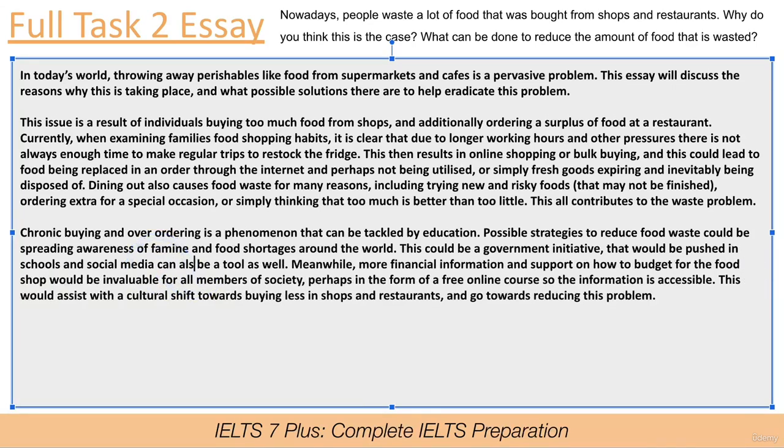Social media can also be a tool as well. Meanwhile, more financial information and support on how to budget for the food shop would be invaluable for all members of society, perhaps in the form of a free online course so the information is accessible. This would assist with a cultural shift towards buying less in shops and restaurants and go towards reducing this problem.